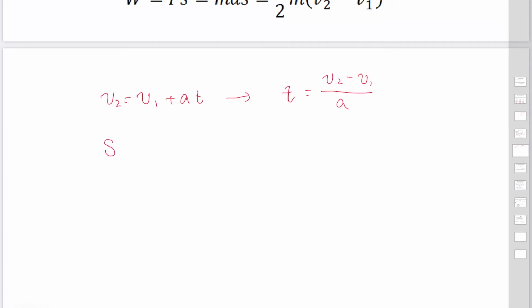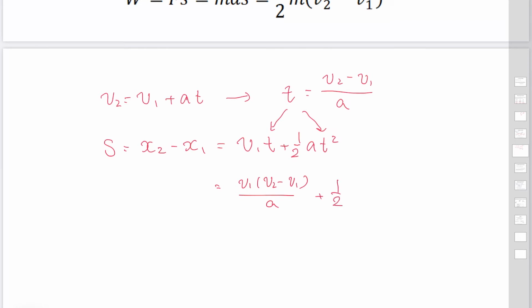The displacement is x sub 2 minus x sub 1, which is v sub 1 t plus 1 over 2 at squared. Substituting t here, we get v sub 1 times (v sub 2 minus v sub 1) over a plus 1 over 2 times (v sub 2 minus v sub 1) squared over a.